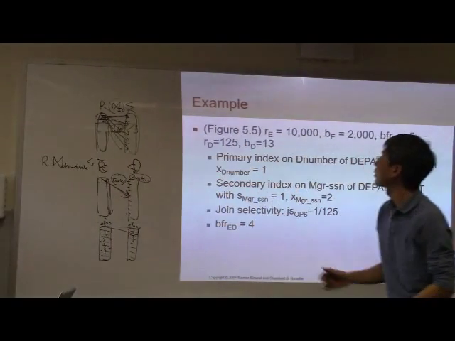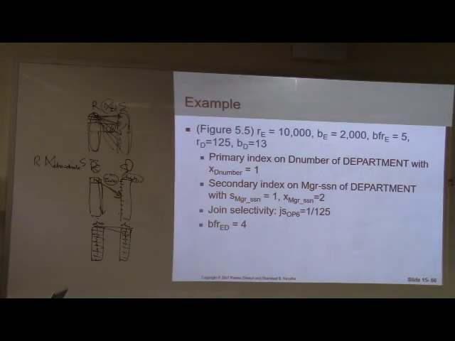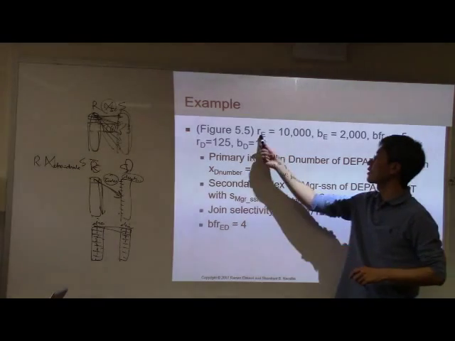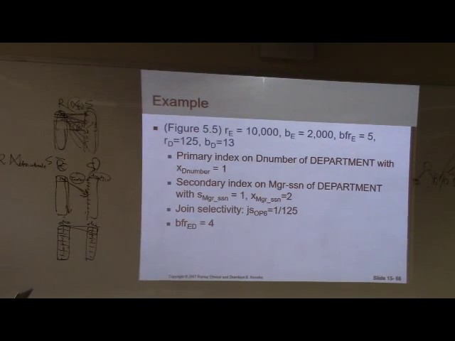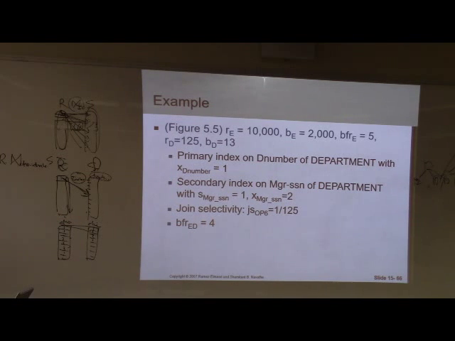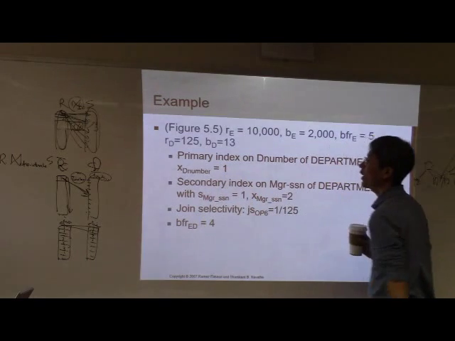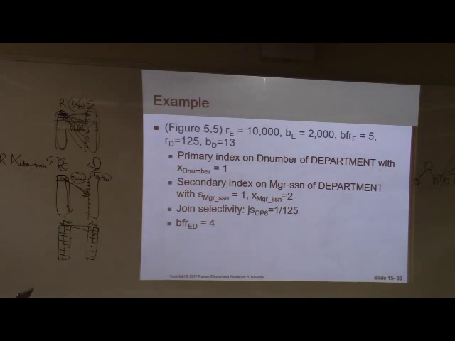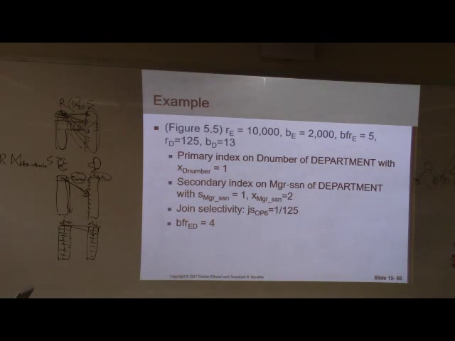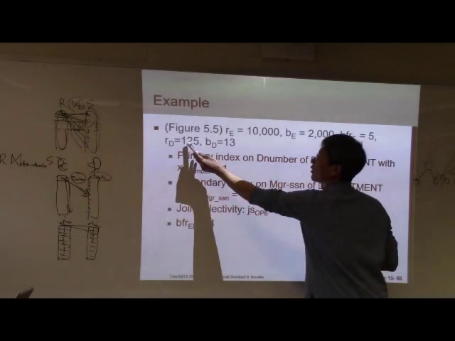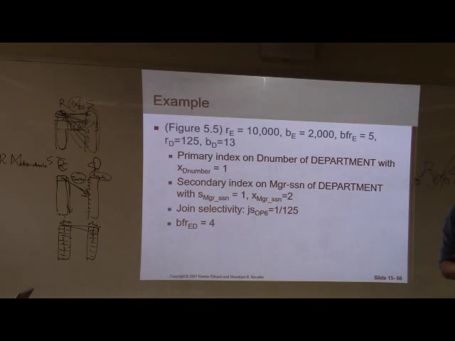For the department, there are 125 records and the number of blocks is 13. Then more information about the index. We have a primary index. It's sorted by the record. Its level is 1, relatively small. There are only 25 departments, right? So one level is enough.